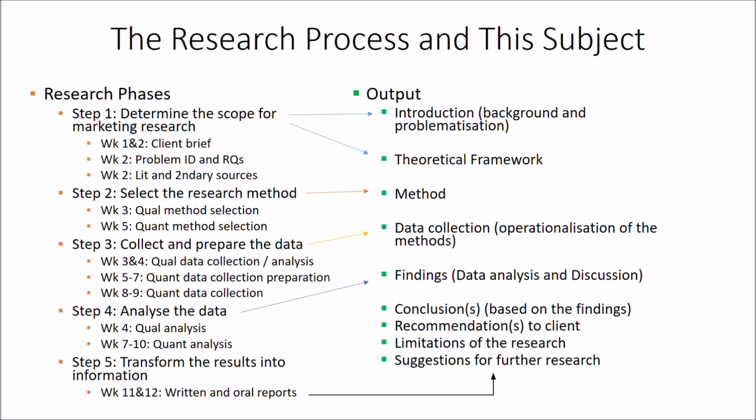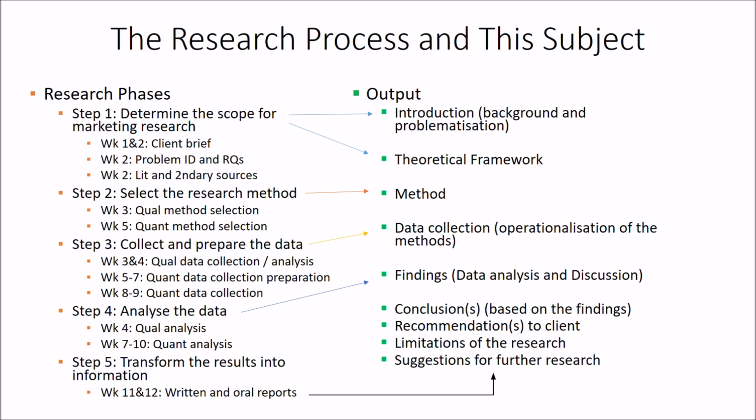So step 1, weeks 1 and 2, relate to the first 2 parts of the final report, the introduction and theoretical framework. Step 2, where we do the qual and quant method selection, the outputs of this go into the method section of the final report.